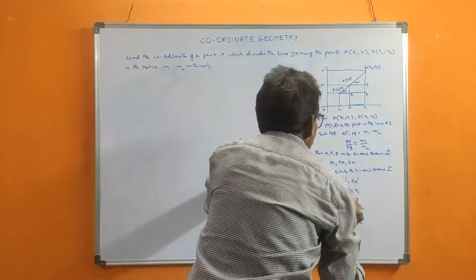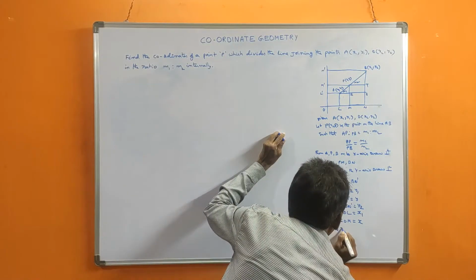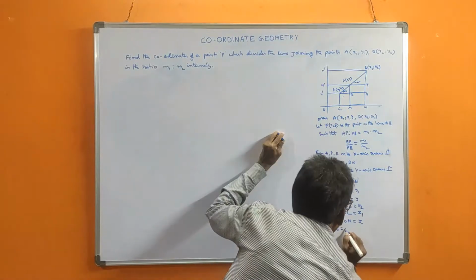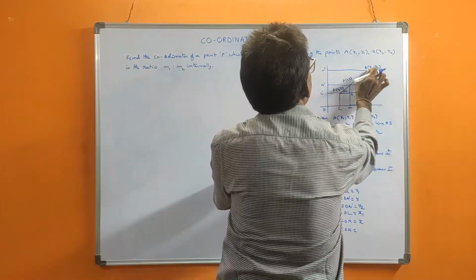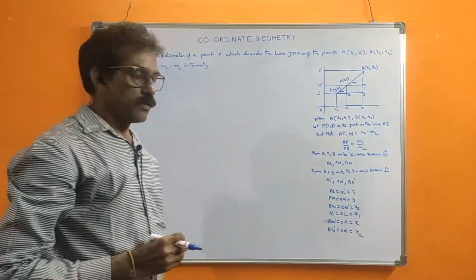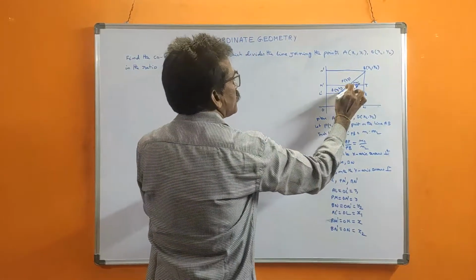Now, last horizontal BN dash, that is equal to ON. That is the horizontal distance of point B, that is x2. Okay. Once you write this, see, this is a right angle triangle.